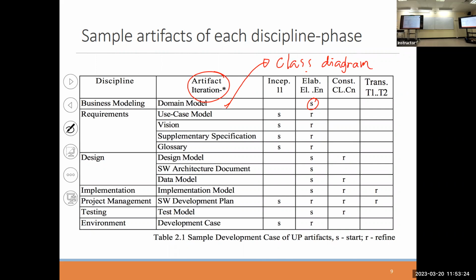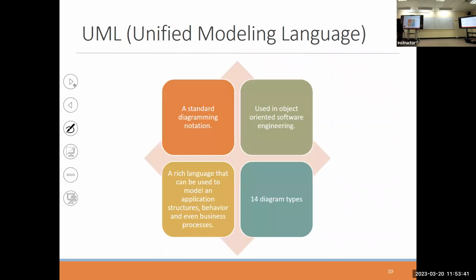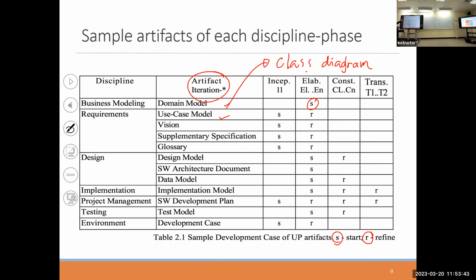Okay, we could have the use case model. Note this initial as well: S for a start, R for a refinement. So anything else? We will look into this domain model for sure.